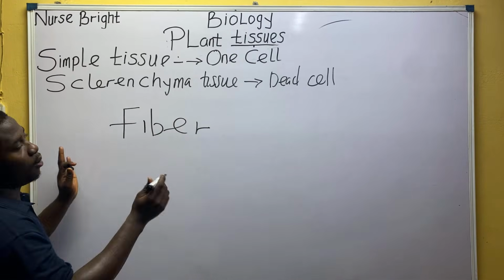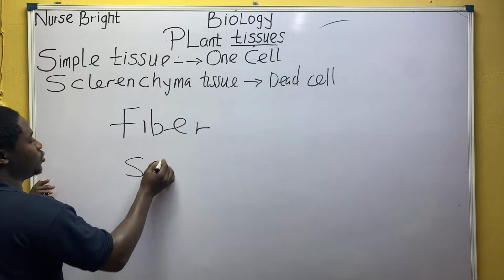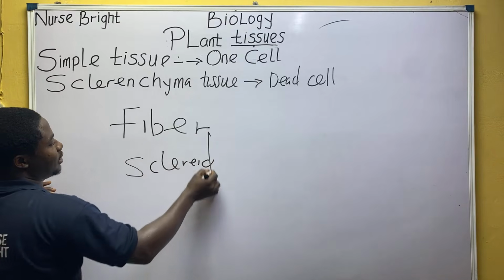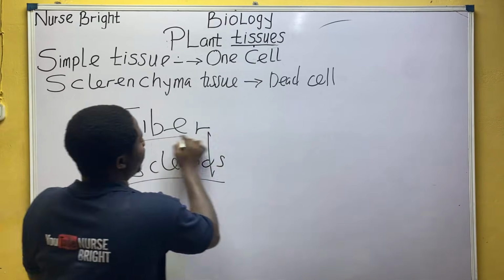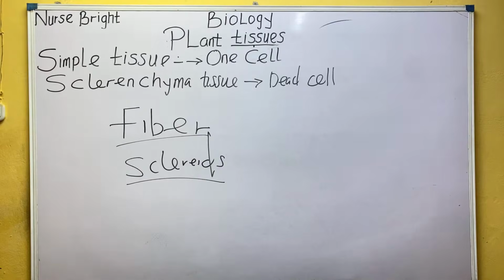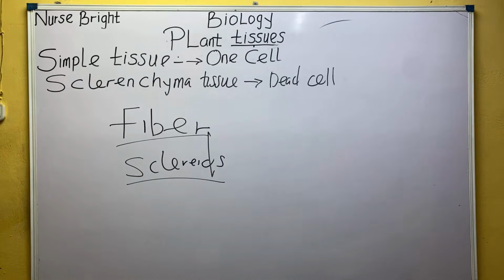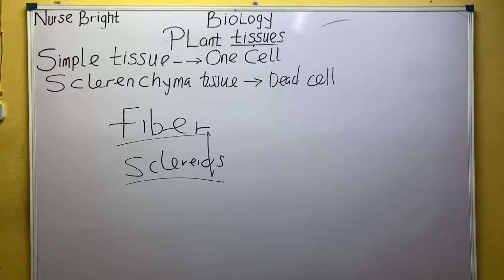So it can be in two forms, fiber and also the sclereid. Do you understand? So that is for that. Like the two types of these tissues. Now for the ones that are fiber, for the Sclerenchyma tissue that are the fiber, they are long, they are slender. Please note it.